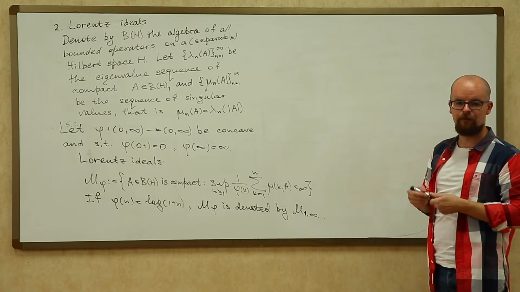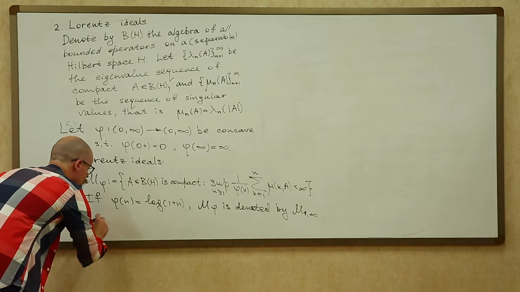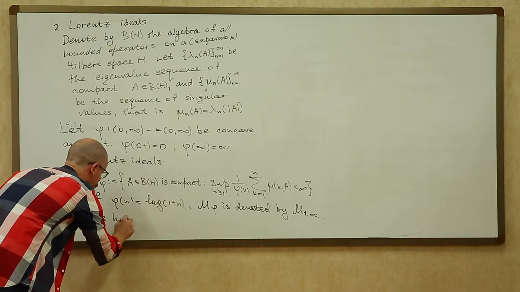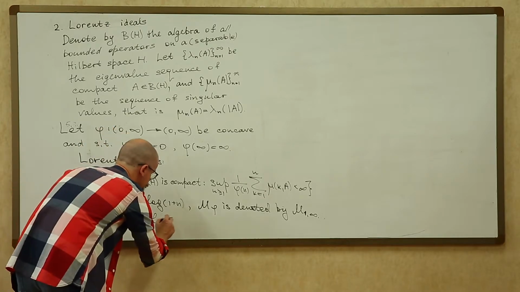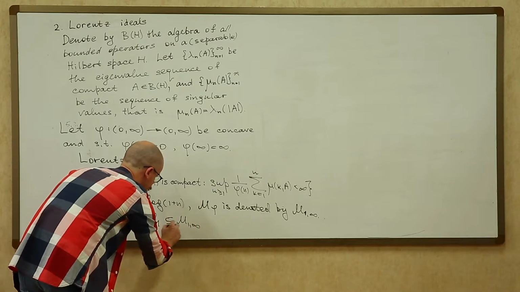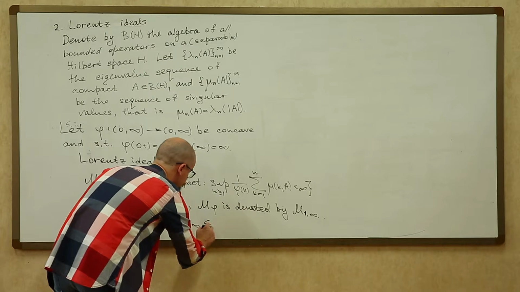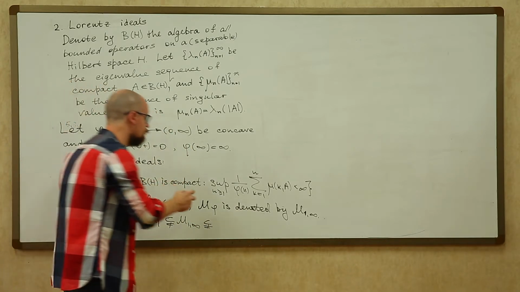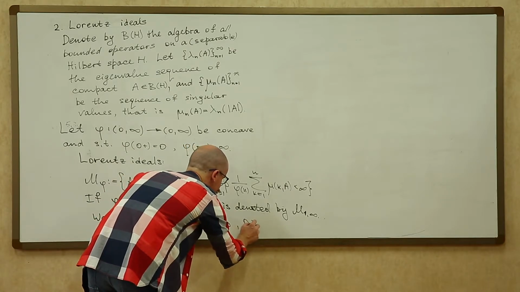For this ideal M1 infinity, we have this inclusion, so that the trace class L1 is inside this ideal, and this ideal itself is contained in every noncommutative Lp space, the Schatten ideals, for every p greater than 1.